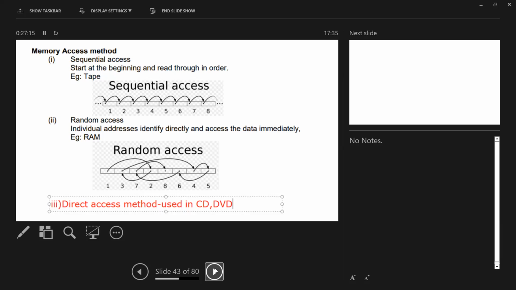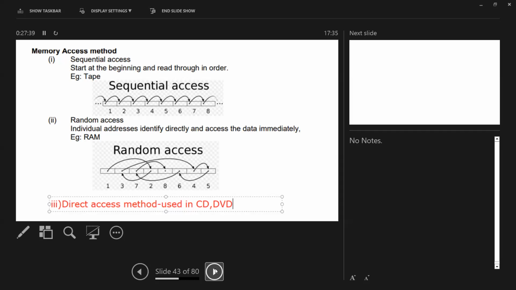But in random access, individual addresses are identified directly and the data is accessed immediately. Here and there we can select the data randomly. An example is random access memory. The direct access method is used in CDs and DVDs. We can select the required file and play it.